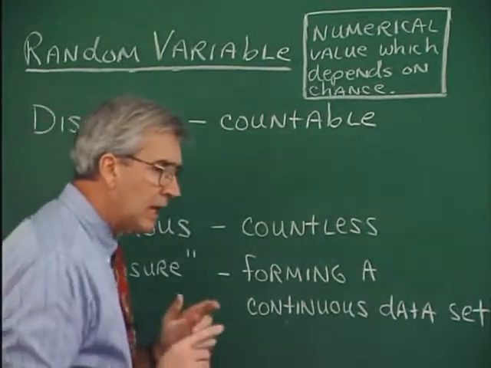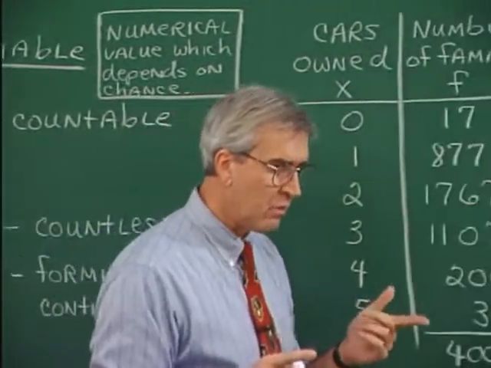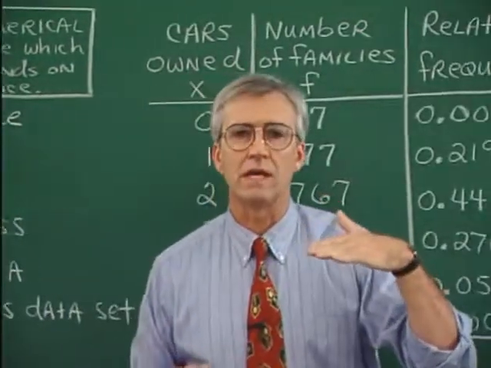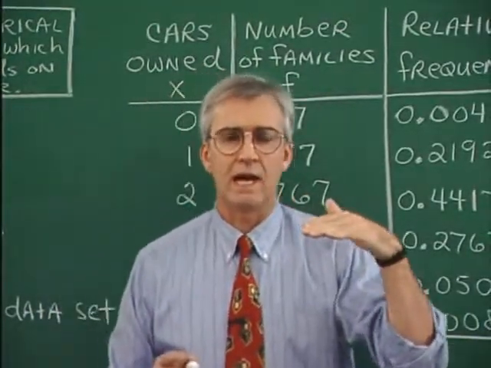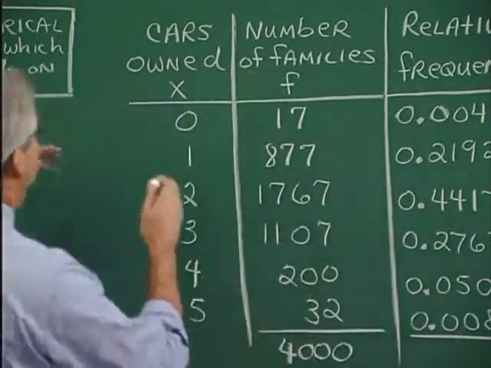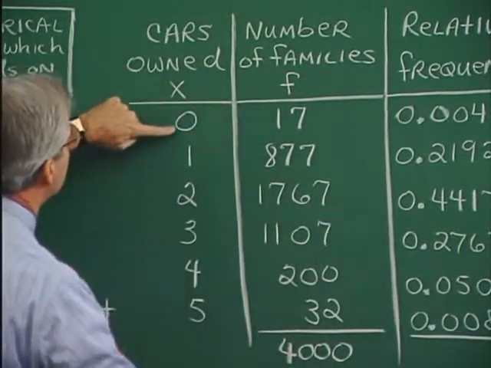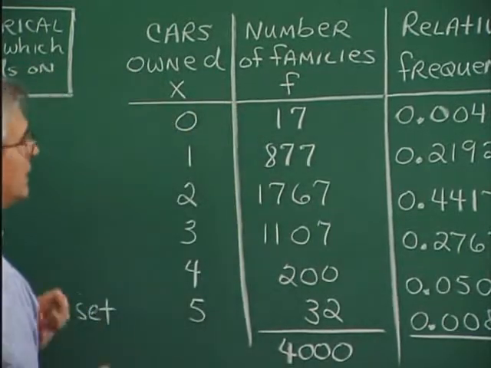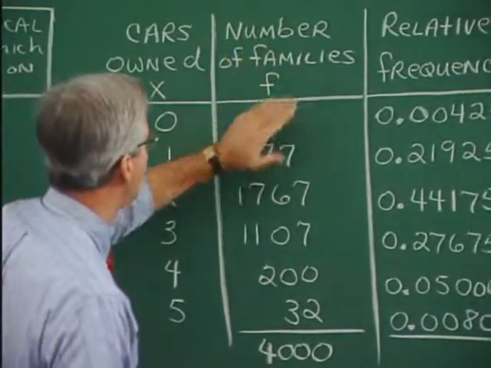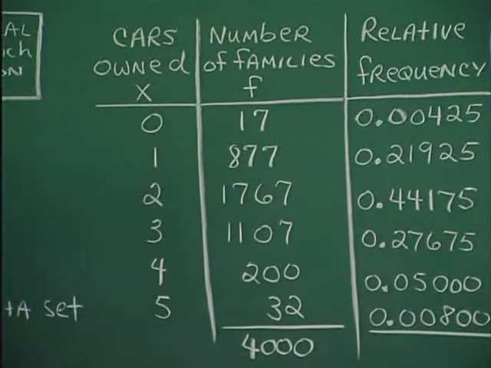Now, in an earlier section, we had a chart. We were talking about the number of automobiles owned by families in a small town. And the chart went something like this. Number of cars owned, this is X, is 0 through 5. All right, and then we had a number of families associated with these various numbers of automobiles.